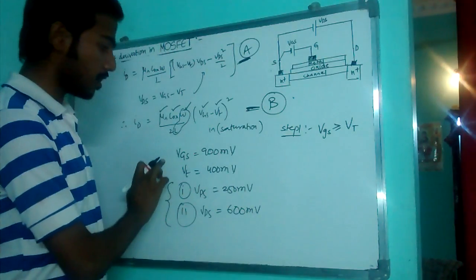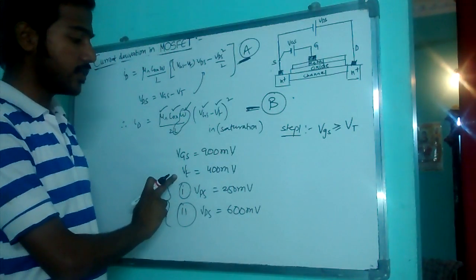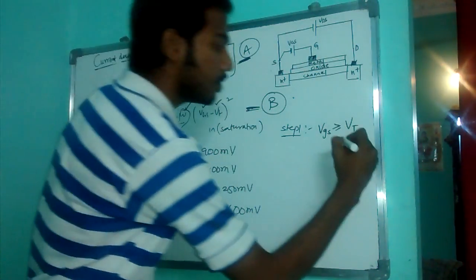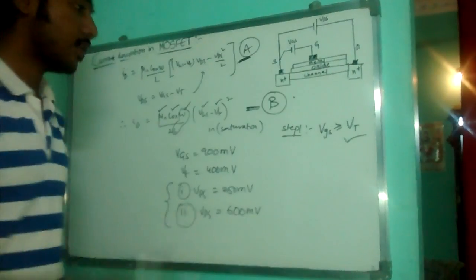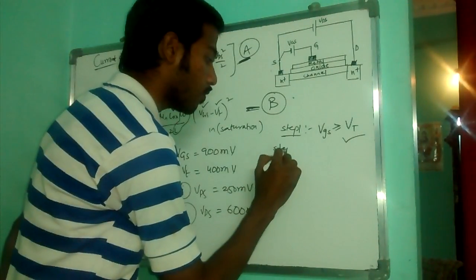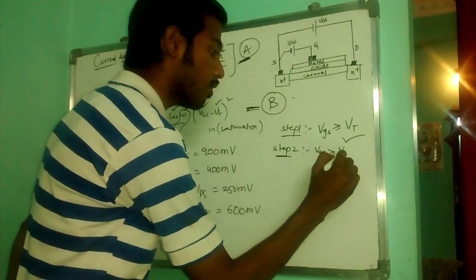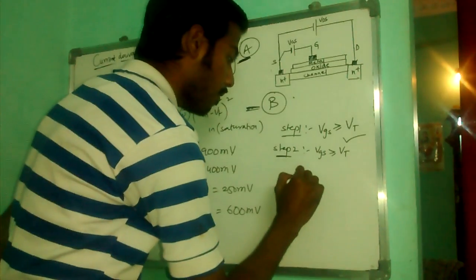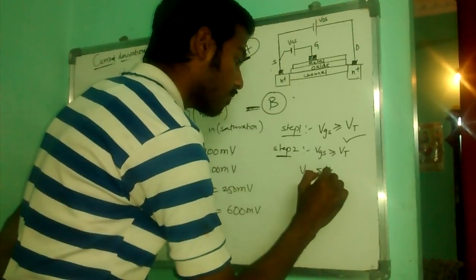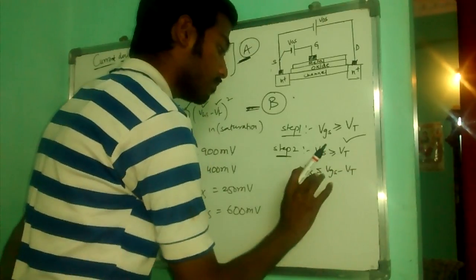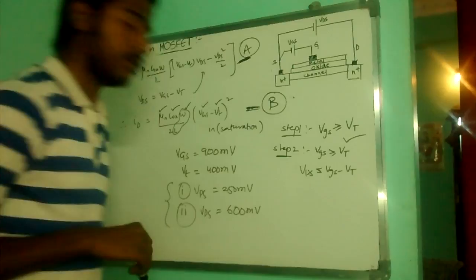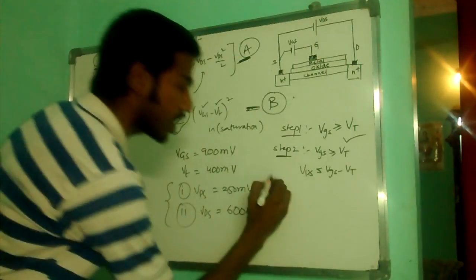Now VGS is 900 millivolt and VT is 400 millivolt, so this step is satisfied. Next, step 2: VGS is greater than or equal to VT, but VDS is less than or equal to VGS minus VT, then now we'll see.